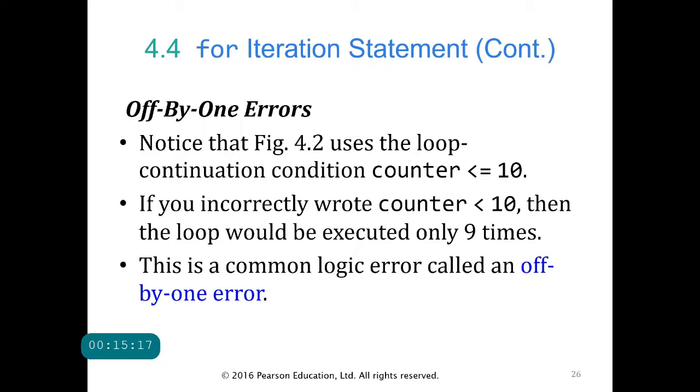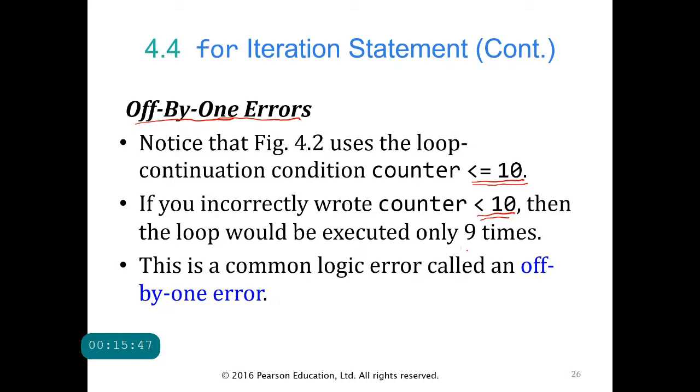Okay. Now, one of the things that you need to remember, and that happens very frequently when you are writing loop statements, is called an off by one error. If you had written less than 10 in your condition instead of less than or equal to 10, then your loop would have executed 9 times instead of 10 times.